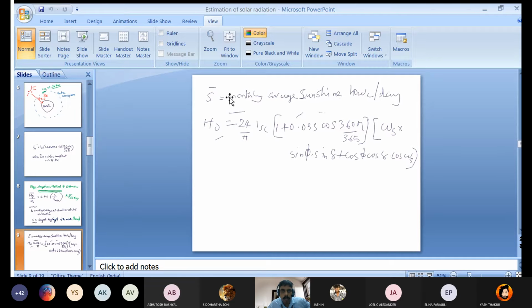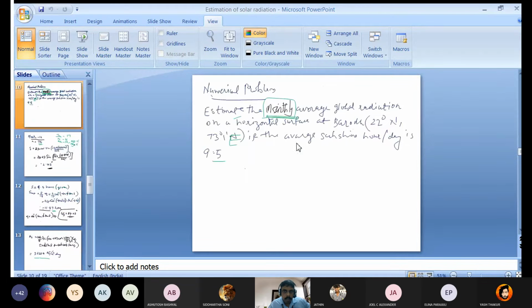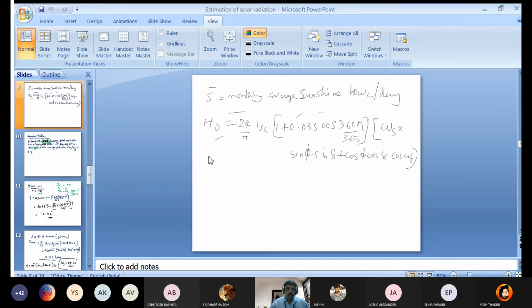S dash we can calculate using 2 by 15 omega s. Then H0 is equal to 2 by pi ISC into this relation. So these are the equations and angles needed for your estimation.